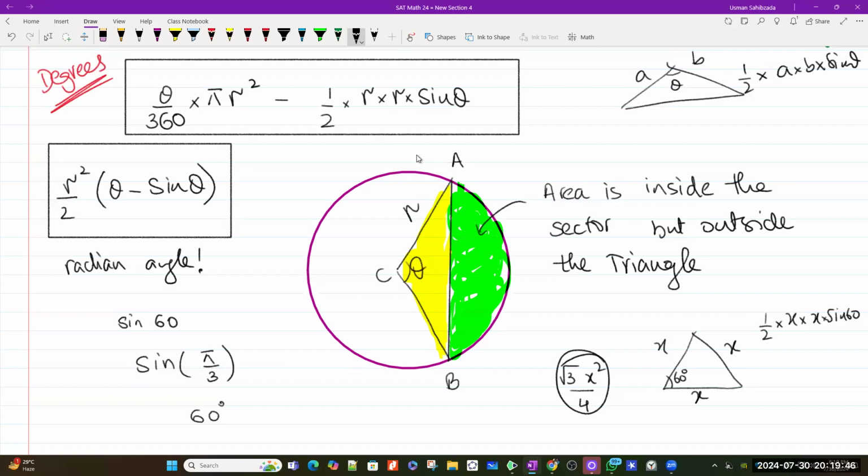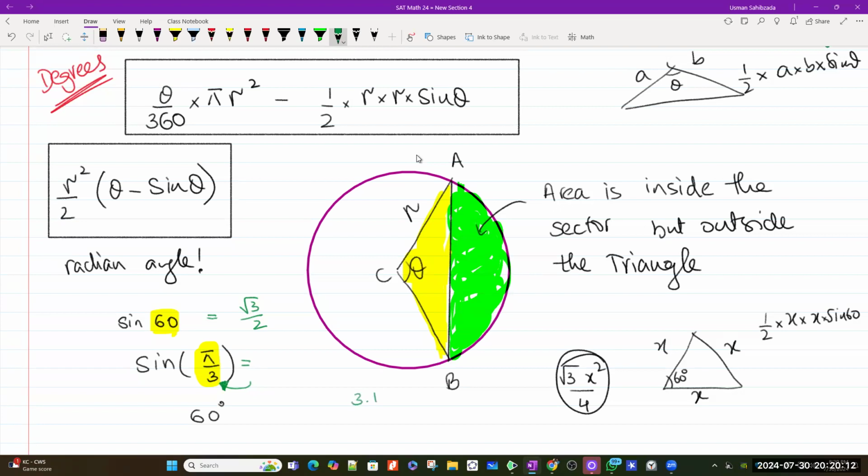Sine of 60. Remind yourself that pi by 3 is 60 degrees represented in radians. So the answer needs to be the same. The answer the calculator needs to return is root 3 over 2. But when you feed the calculator pi by 3, the calculator is innocent. It does not know what you are feeding it.